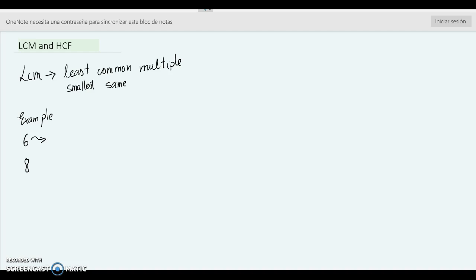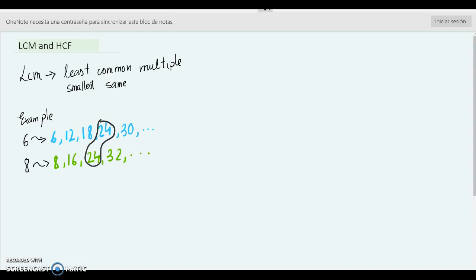The multiples of 6 are 6 times 1 is 6, 6 times 2, 12, 18, 24, 30, etc. For 8, I have the following multiples: 8, 16, 24, 32, etc. We can see that the smallest common multiple, the smallest multiple that is the same for 8 and 6 is 24.